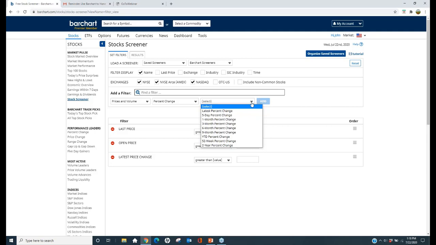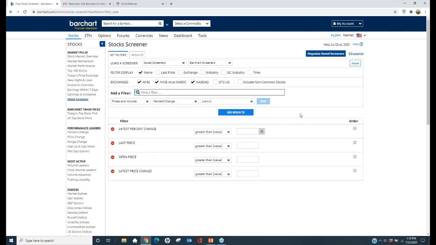So I can add or subtract these as I want. I'm just going to pick last percentage change, and this is just going to give me a comparative analysis of the change in price from yesterday to today in a percentage.